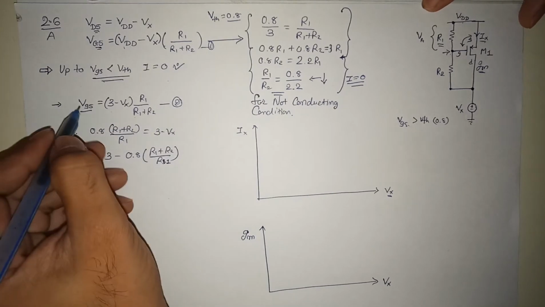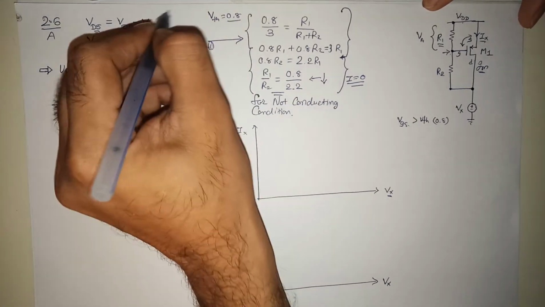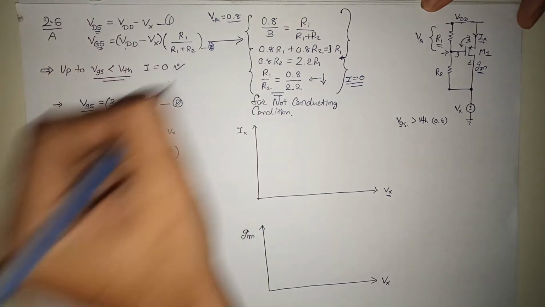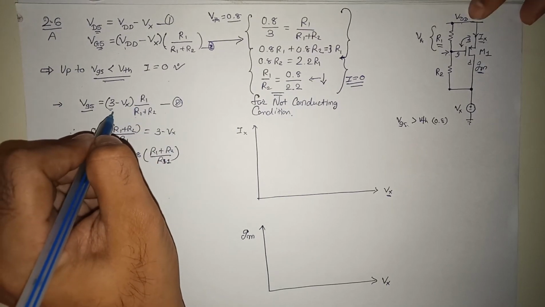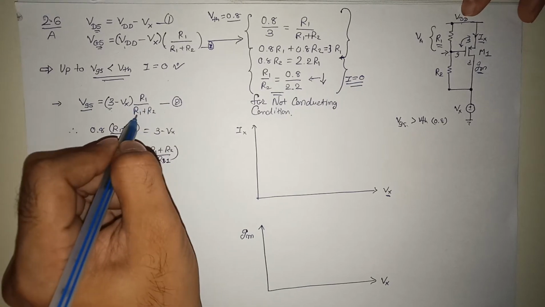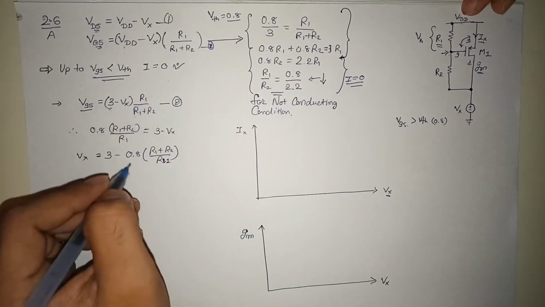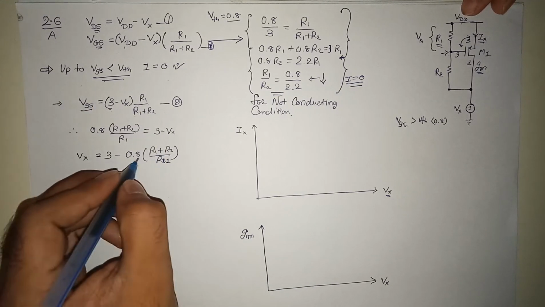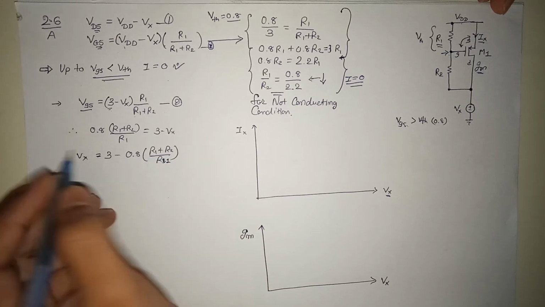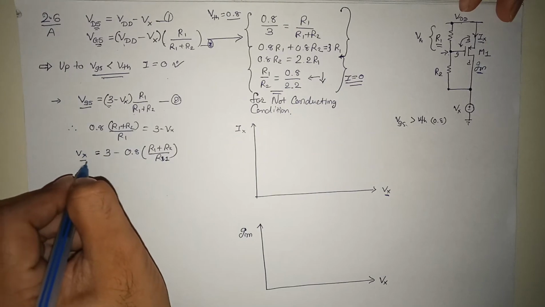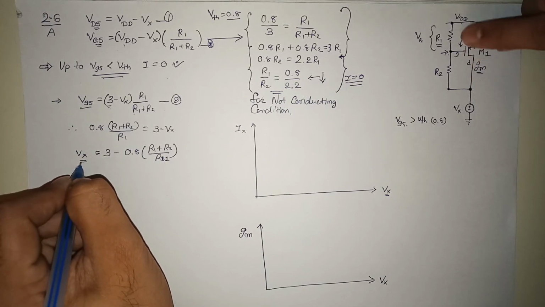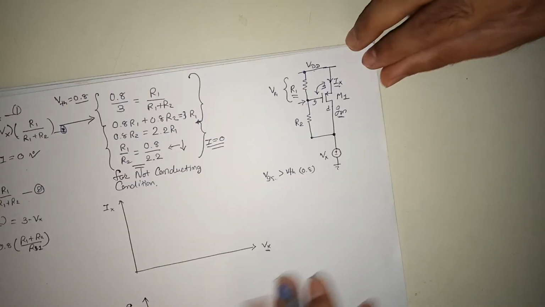VGS is 3 minus VX, with VDD equal to 3, times R1 upon R1 plus R2. If you simplify, VX is 3 minus 0.8 times R1 plus R2 upon R1. Any value higher than this will have lower potential here.